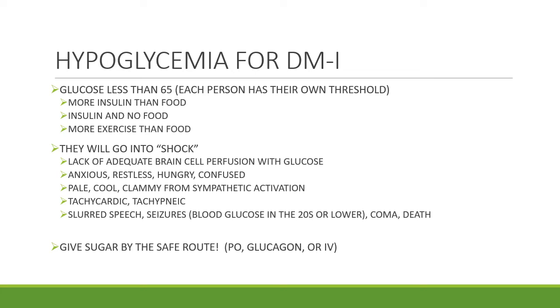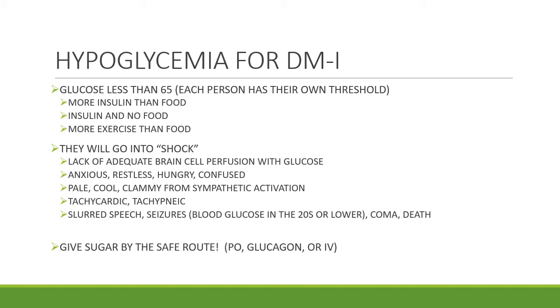It's important to remember that the brain is seizing from lack of glucose, and that is a really significant seizure and can cause permanent neurological damage, so you need to act quickly. Give sugar by the safest route possible. If they are awake, you can give them PO if they're able to protect their airway and swallow.